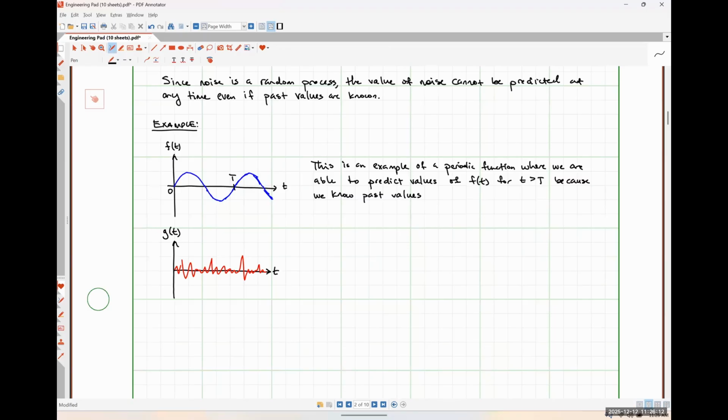Where this is an example of an aperiodic waveform with no discernible pattern.